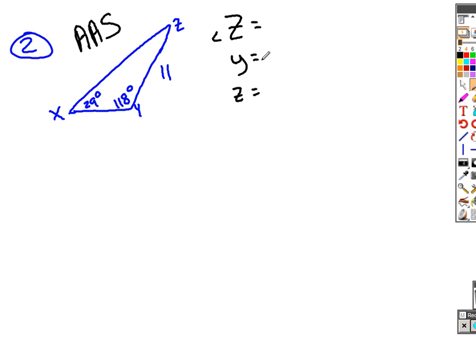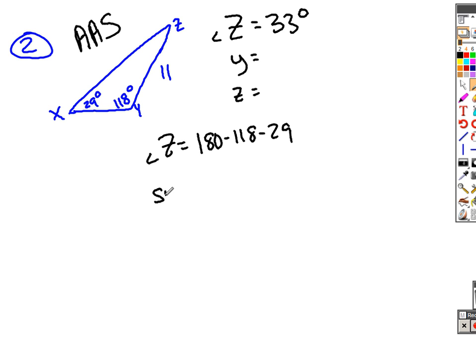I can find angle Z immediately. Angle Z, I'm going to find by doing just the triangle sum theorem. 180 minus 118 minus 29. So that means the angle Z is 33 degrees. To find the sides, we're really just going to have two very easy proportions.